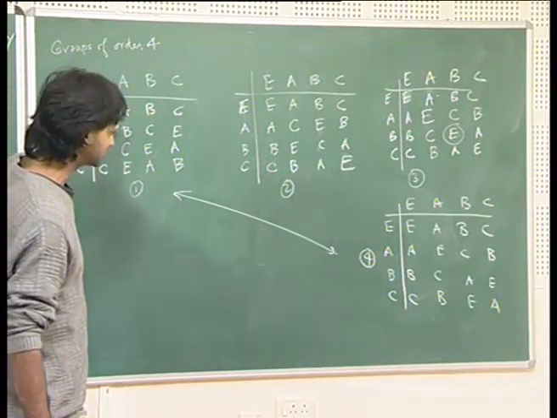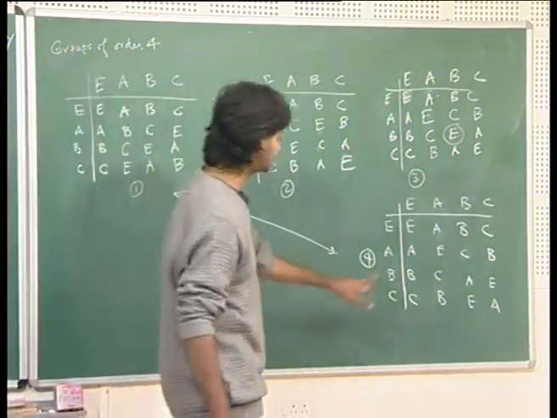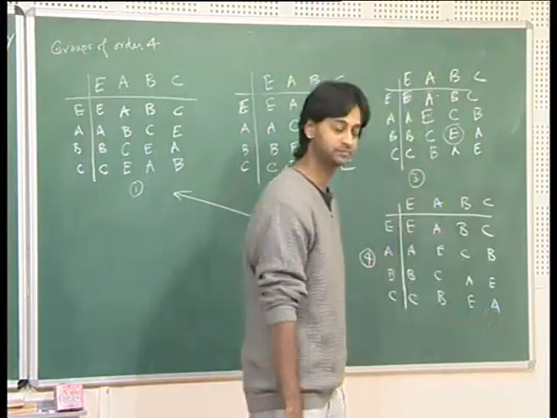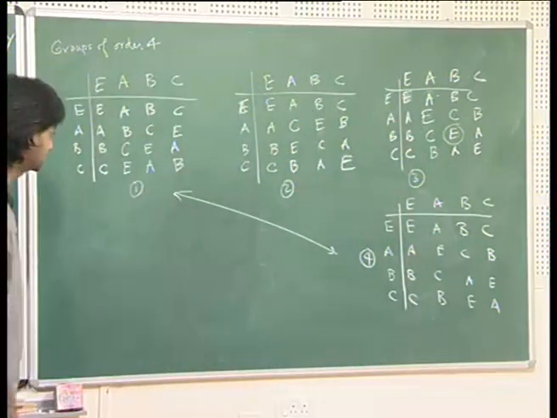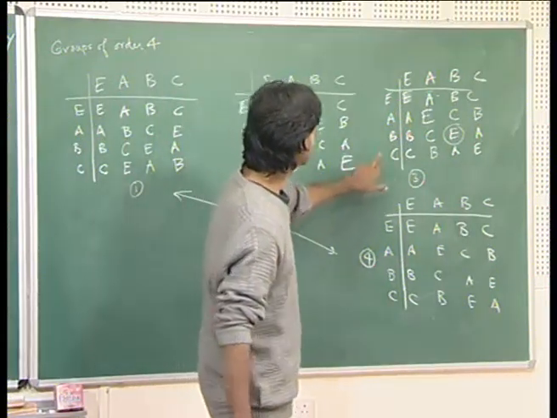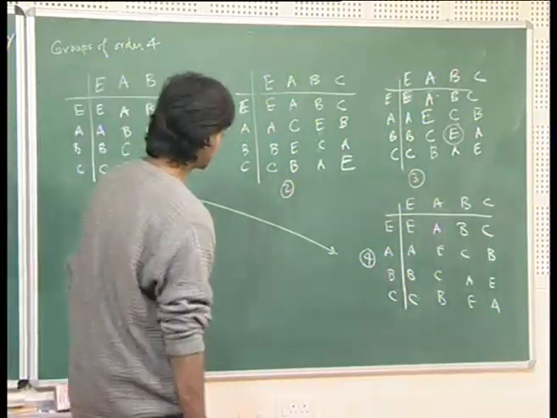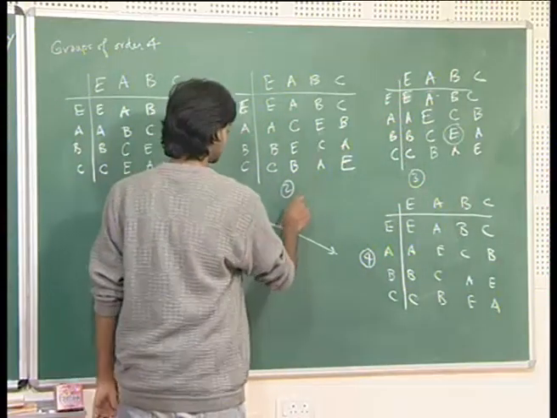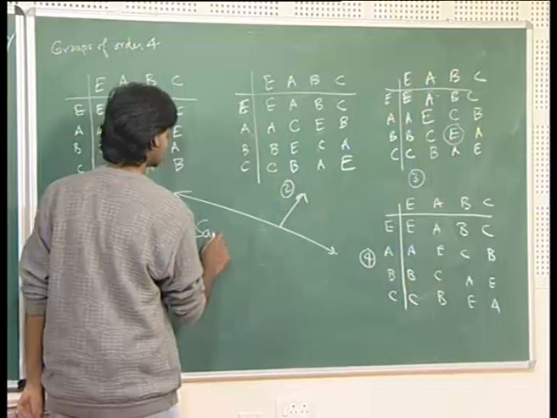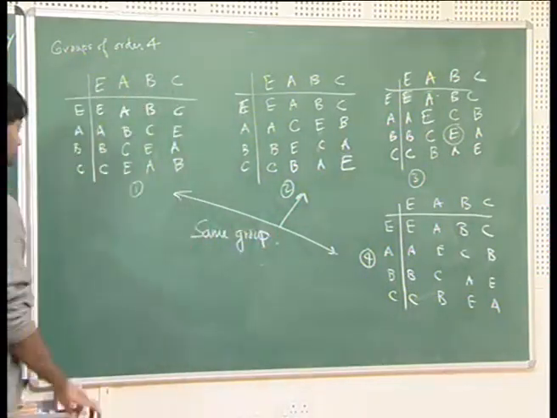See, if you look along the diagonal, you have identity B, identity B. Here you have identity A. And here you have identity C, identity. Here you have all identities. So you can show that these three are the same group.